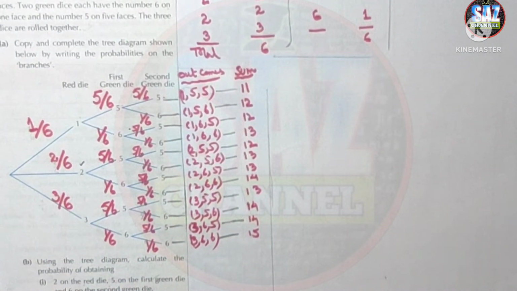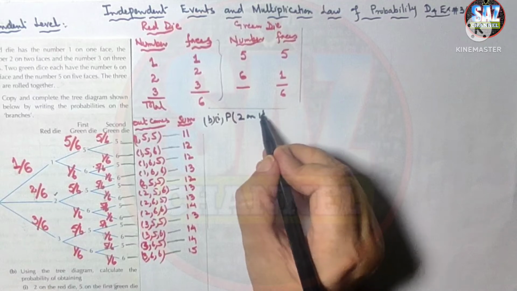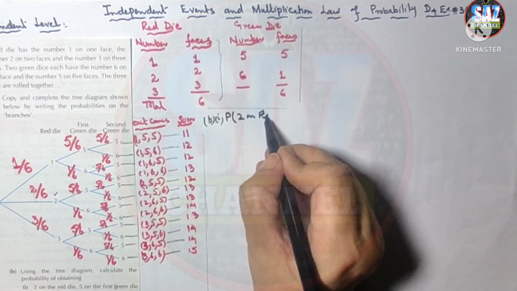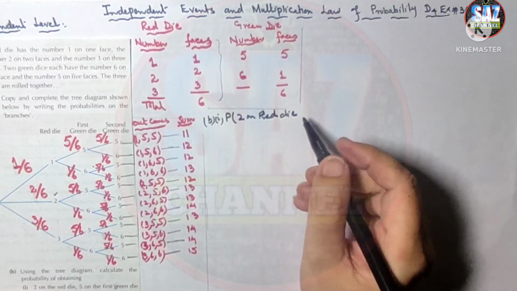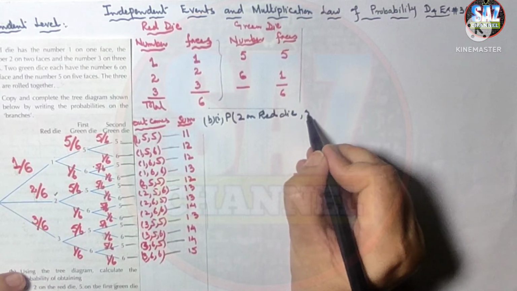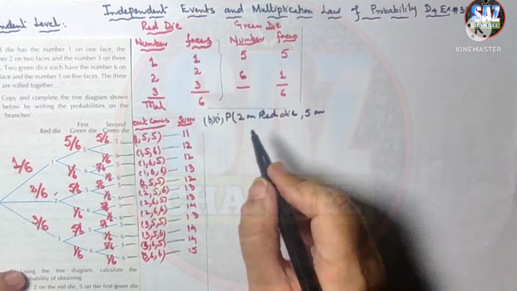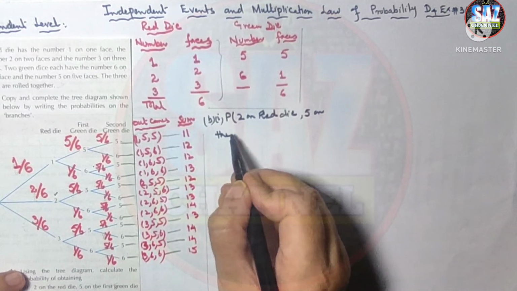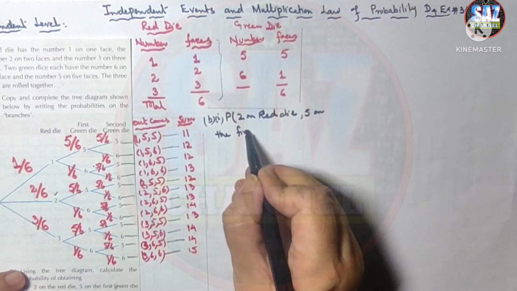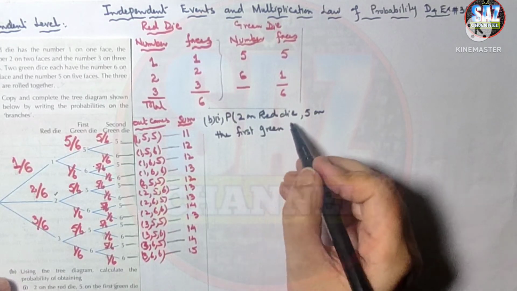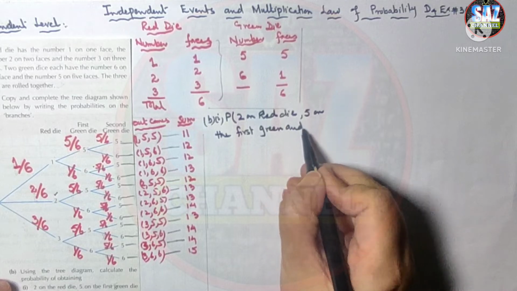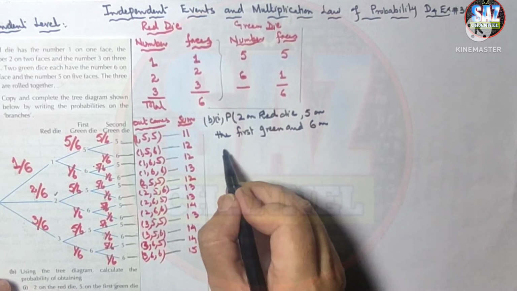Probability of 2 on the red die, 5 on the first green, and 6 on the second green.